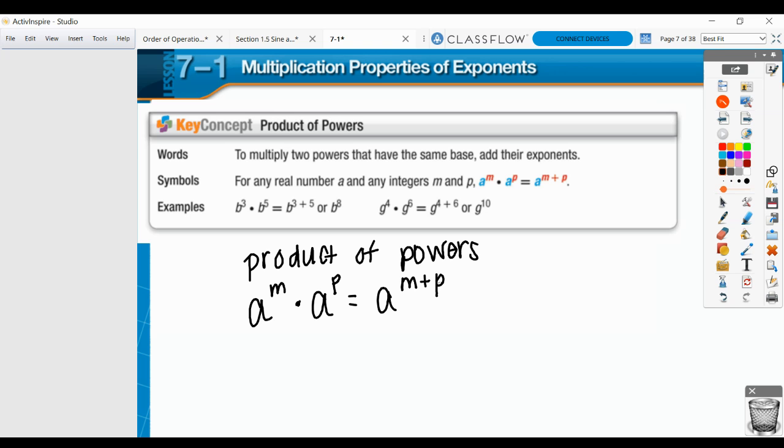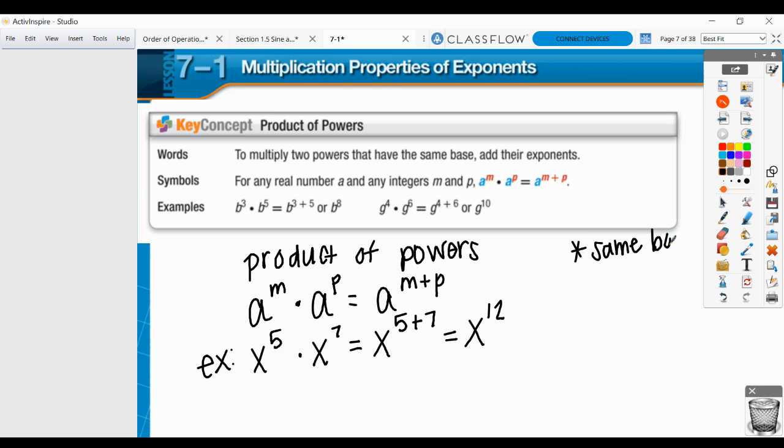So for a number example, we have x to the 5th times x to the 7th. Since the bases are the same, we can add 5 plus 7 together and get 12. So as a little side note, if they have the same base, add the exponents.